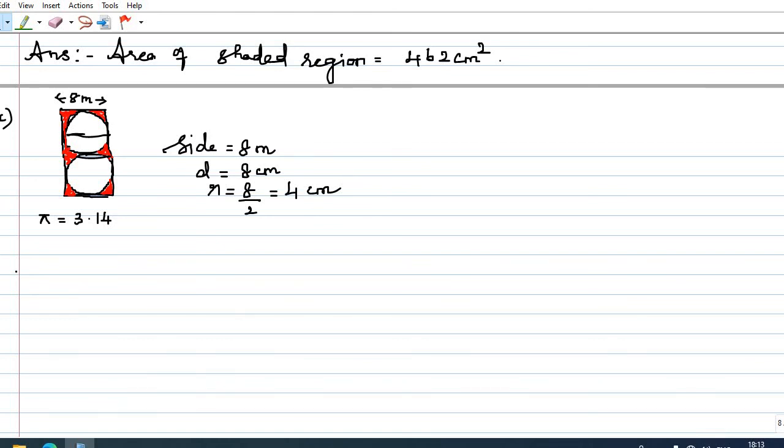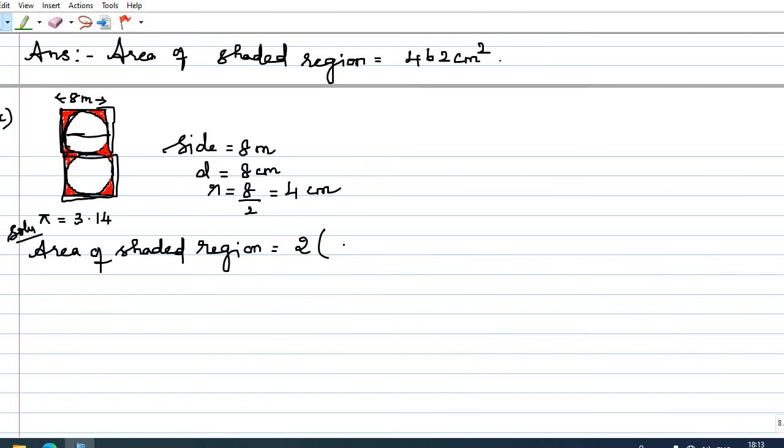Listen children, how I am going to find out the area of the shaded part. Area of shaded region is equal to 2 squares. From this part to this part is 1 square, and from this part to this part is 2 squares. The sides are same.